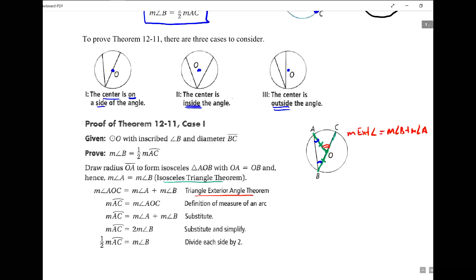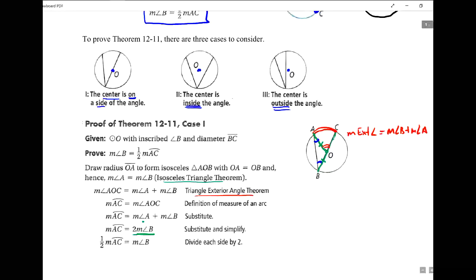And then we know that angle A and angle B are congruent, right? So we can simply substitute here, put in B for A. And we know arc AC is congruent to our central angle, our exterior angle.